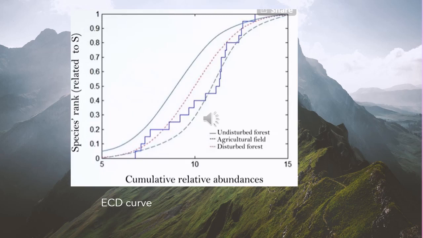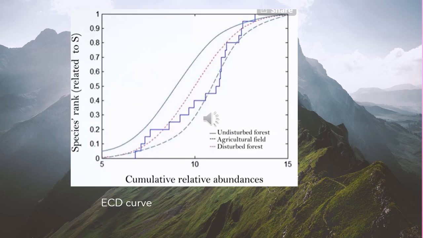If you remember from the last lecture, we started to analyze what an ECD curve is, that is, the empirical cumulative distribution function curve. Now, the empirical cumulative distribution function is a powerful graph to understand the anthropogenic impacts on biodiversity.